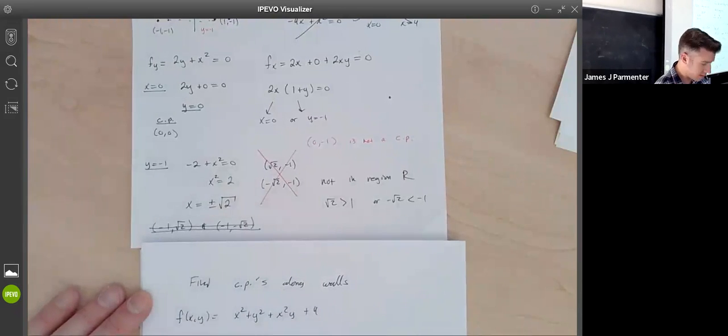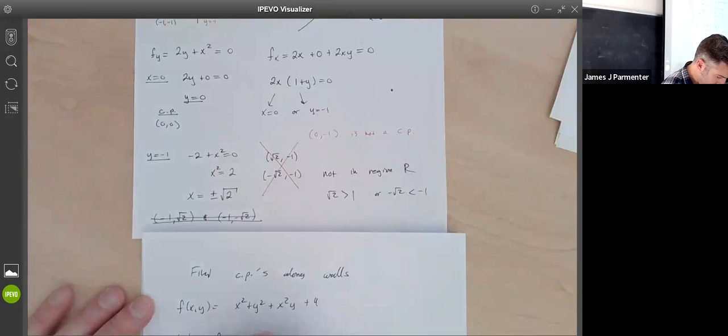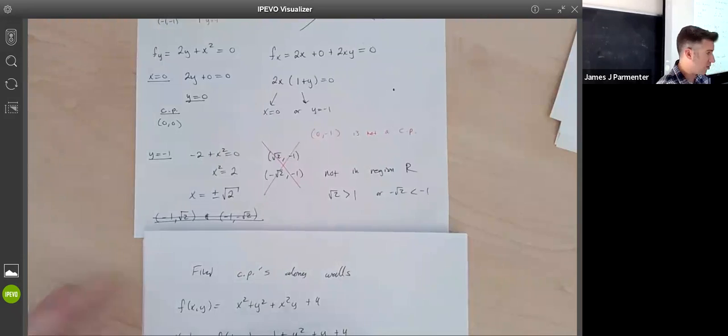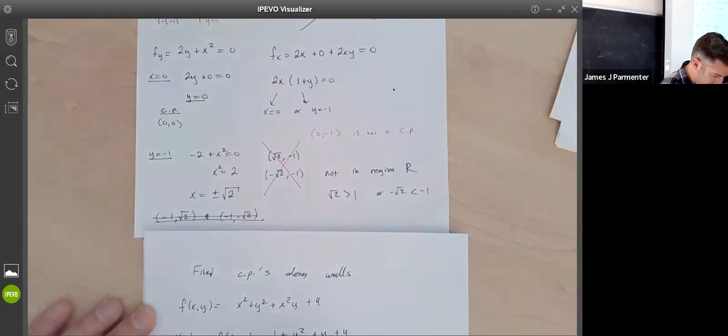So if x equals 1, we have f(1, y) equal to 1 plus y squared plus y plus 4. And we take the partial derivative with respect to y, because there's no point in taking it with respect to x, since we know that would be 0. If we do that, we get 2y plus 1.